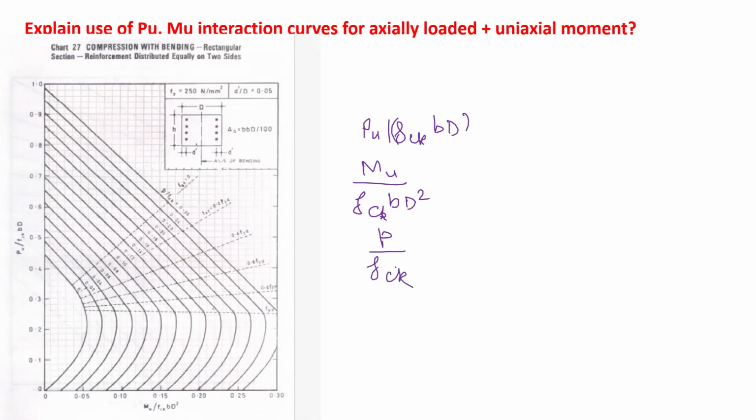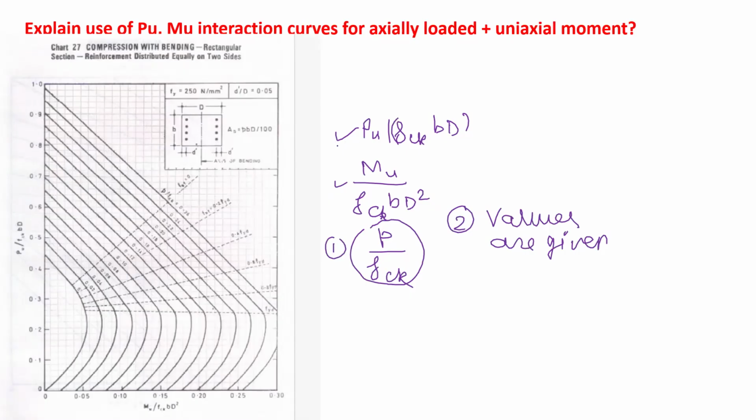We have these three terms, and out of these three, two values are given. It may be PU upon fck bd or MU upon fck bd square. Then you have to calculate P upon fck. If P upon fck and PU upon fck bd are given, then you have to find MU upon fck bd square. So you have to check it.